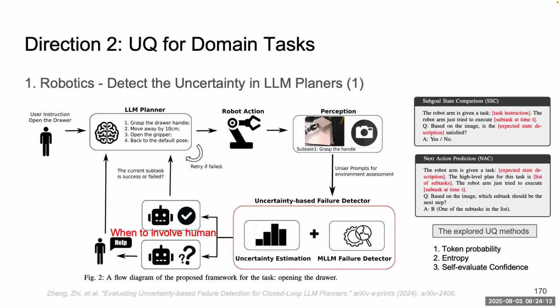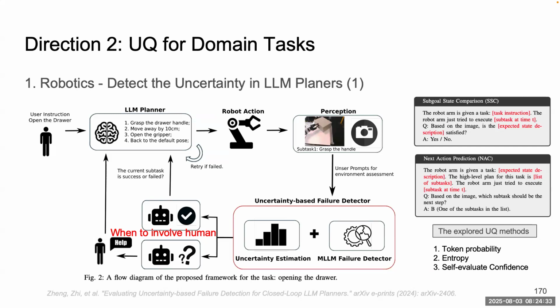So in this diagram, a robot is told to open the drawer, and they use language models as a planner. They are generating detailed sub-goals that they want this robot to achieve.